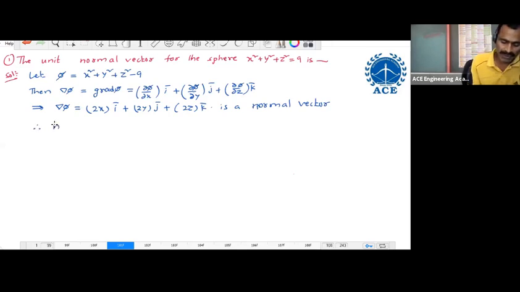Therefore, n bar equal to del phi by modulus of del phi equal to 2x i bar plus 2y j bar plus 2z k bar divided by under root of (2x) square plus (2y) square plus (2z) square. From the numerator 2 is common, from the denominator 2 square is common.